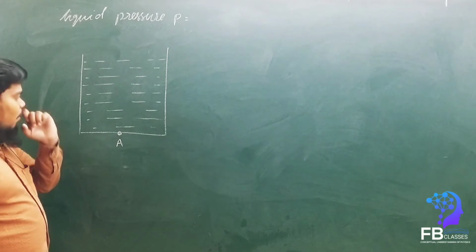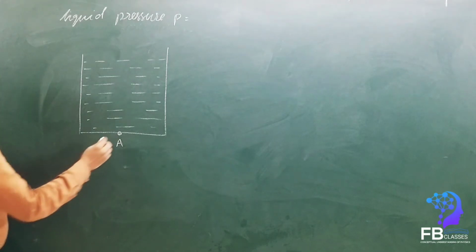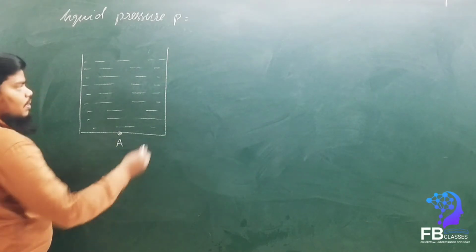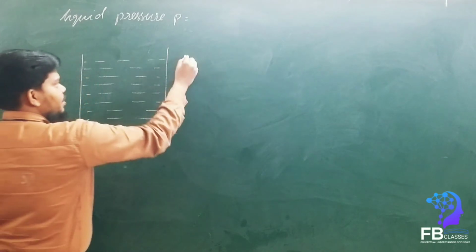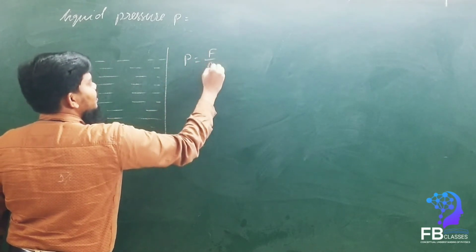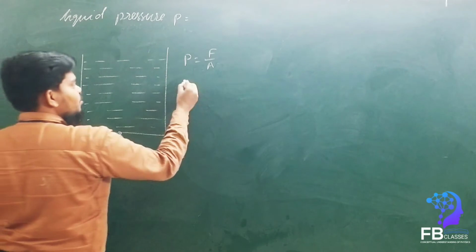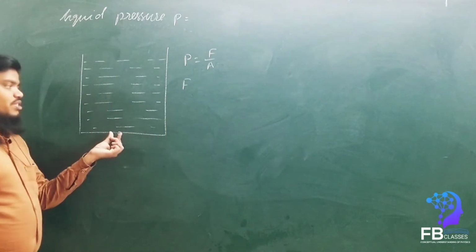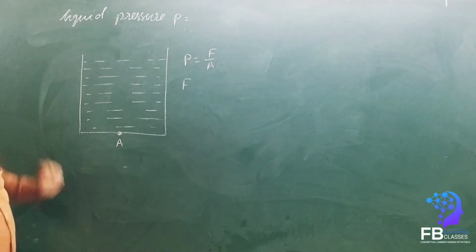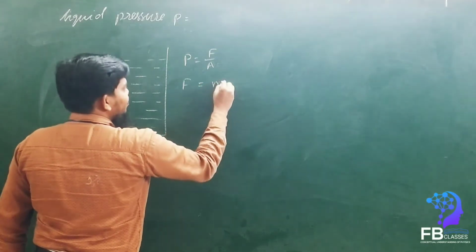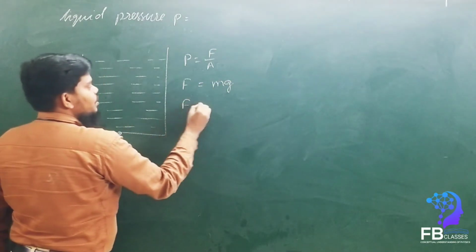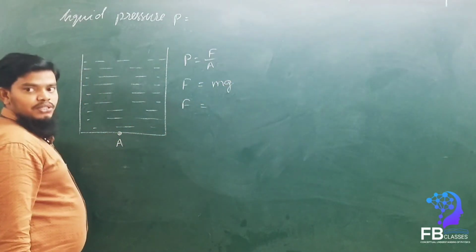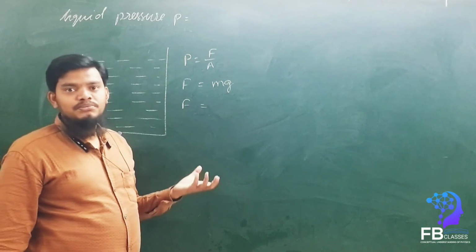So now see here, pressure P is equal to force upon area. Is it not? How much force? Force is nothing but how much force is exerted by this liquid. So force is equal to mg, yes or no? So F is equal to m g. M is how much? Mass is equal to volume into density.